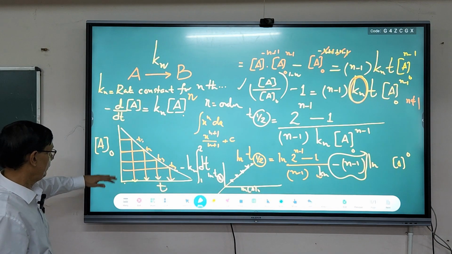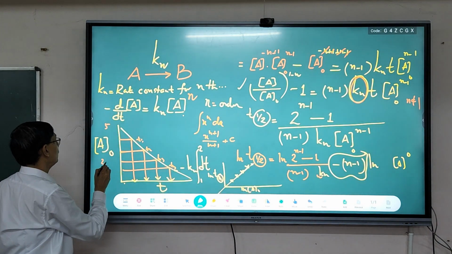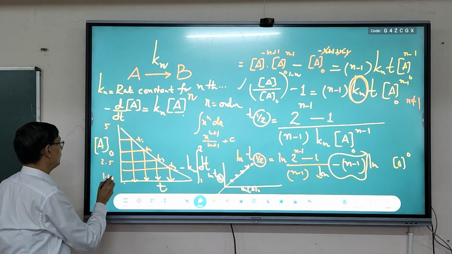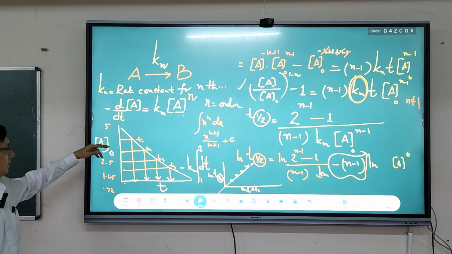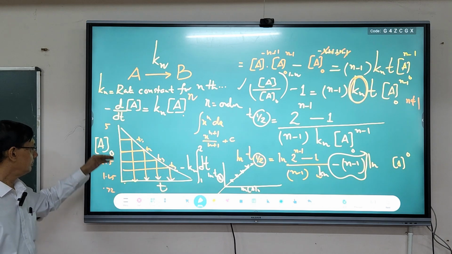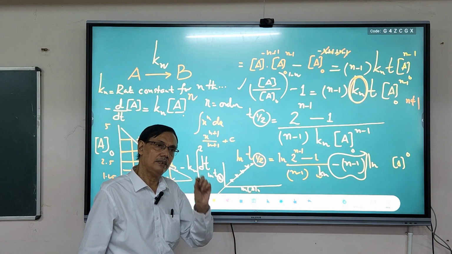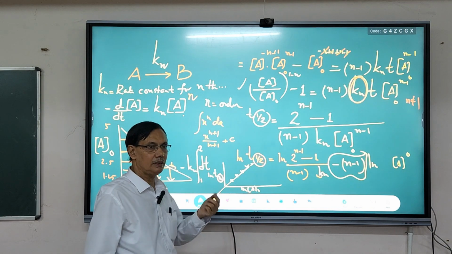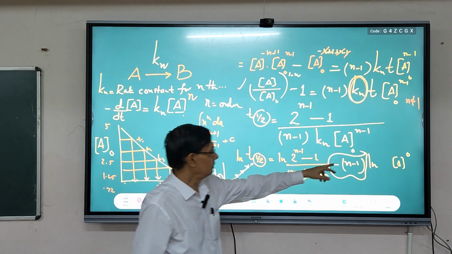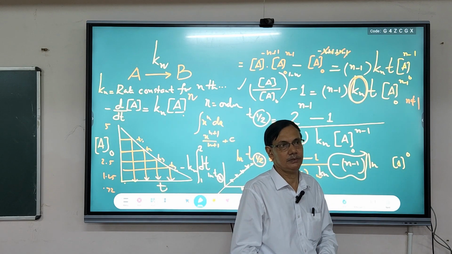Change the concentration of A0, suppose 5 milligram, 2.5 milligram, 1.25 milligram, 0.72 milligram. Then the corresponding time: 5 is converted into 2.5, 2.5 is converted into 1.25, 1.25 converted into 0.75, and that particular time is the half-life. And initial concentration is in your hand because you initiated that experiment.